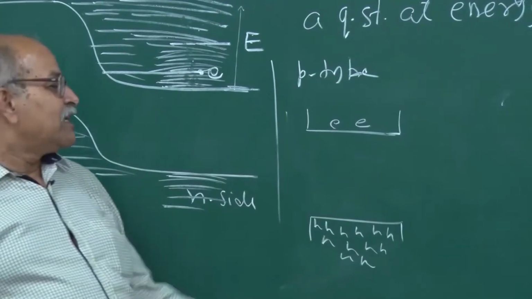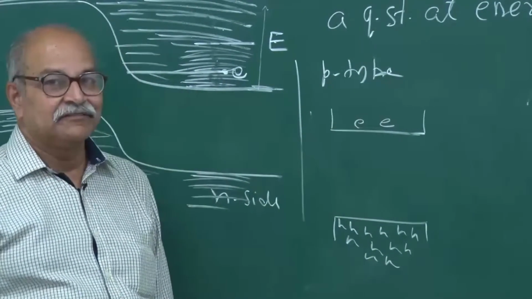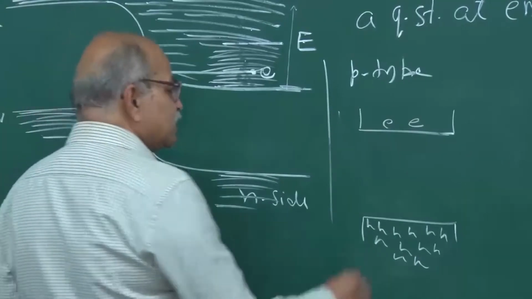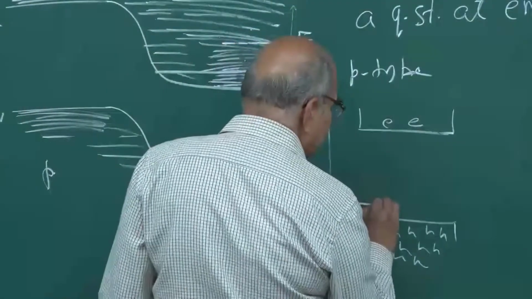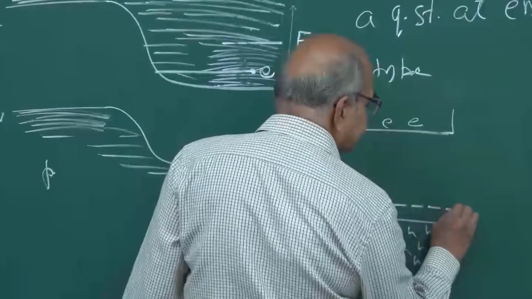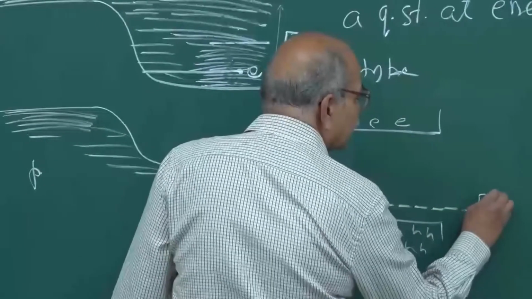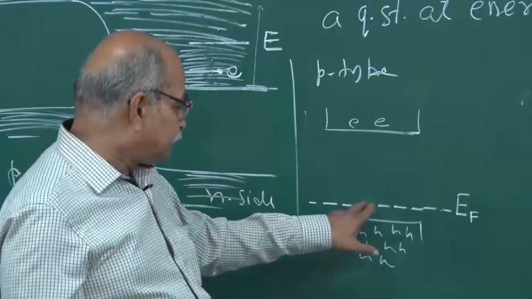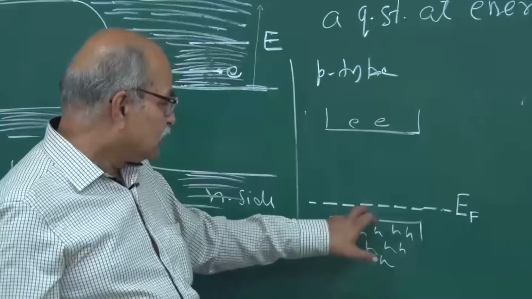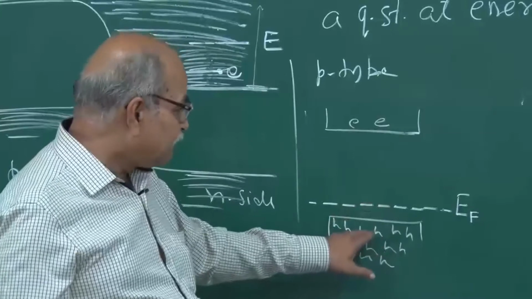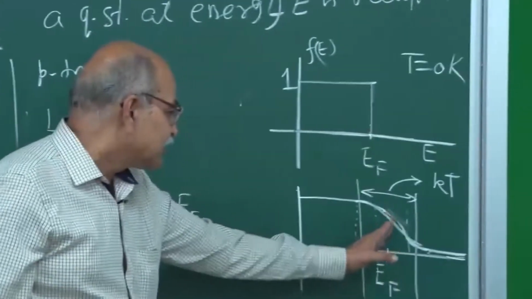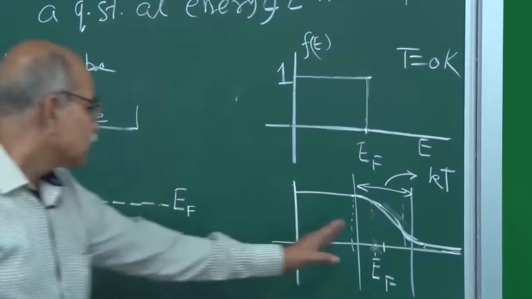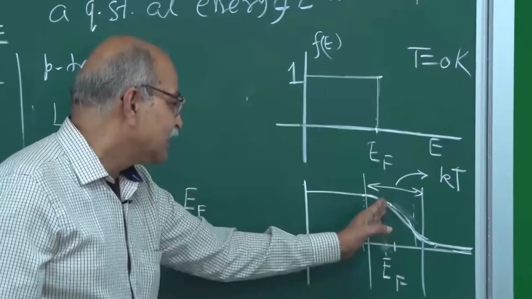So where do you think is the Fermi energy? The Fermi energy is close to this EV. So that this is close, so you are close to the Fermi energy, slightly below this, so slightly left to it, you are somewhere here.